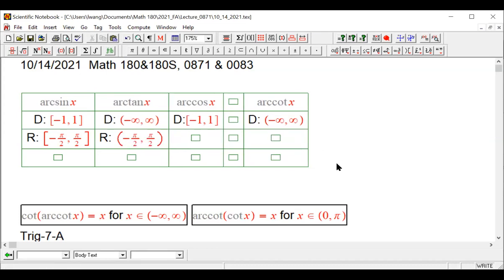You follow me? ArcCosine, the range is 0 to pi, inclusive. The range for ArcCotangent is 0 to pi, but exclusive.